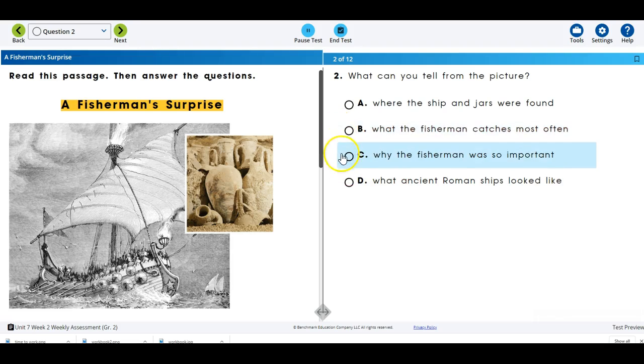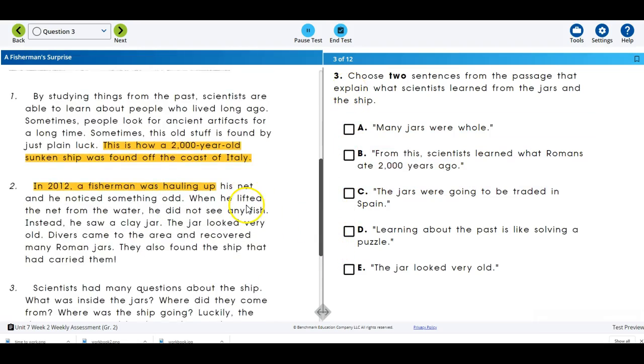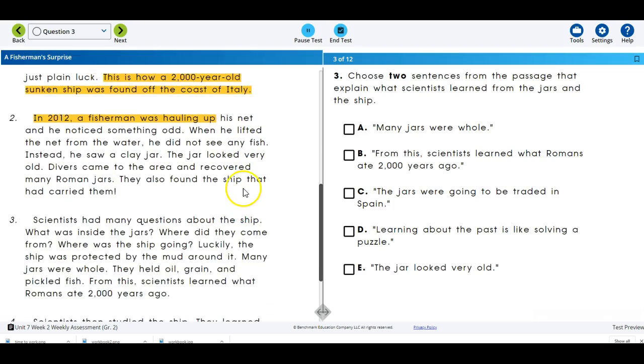So I already know it can't possibly be these two. So I've got to look at the picture again and decide which one is the most reasonable response. Question 3. I have to choose 2 sentences from the passage that explain what scientists learned from the jars and the ships. Can I go back and look at my story to find my answers? Absolutely.